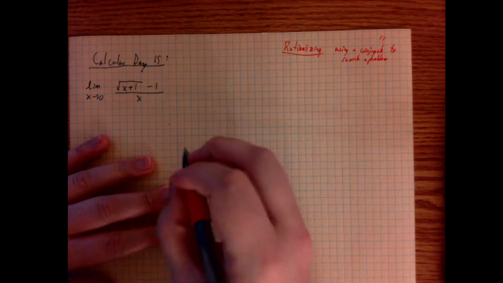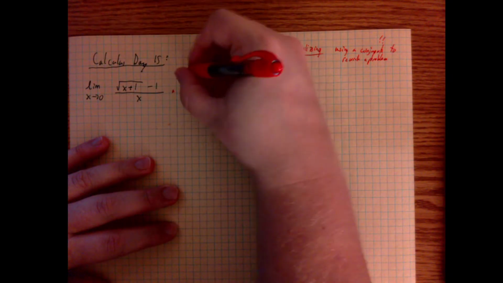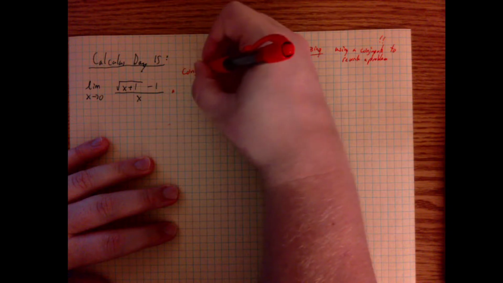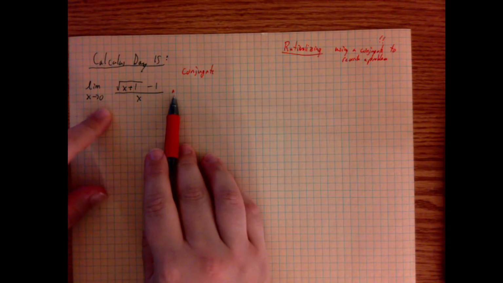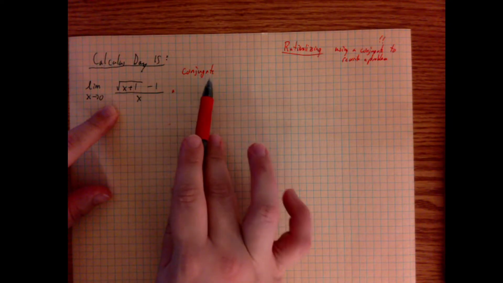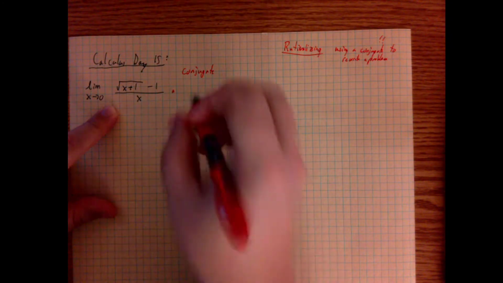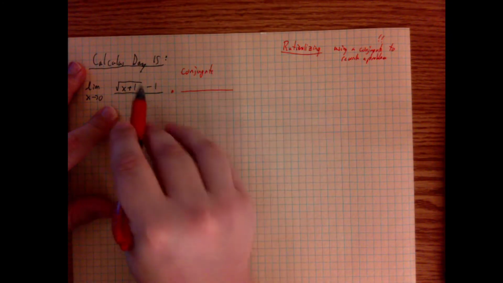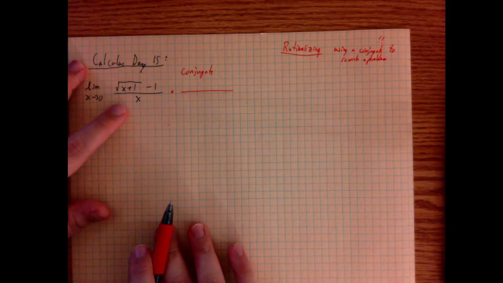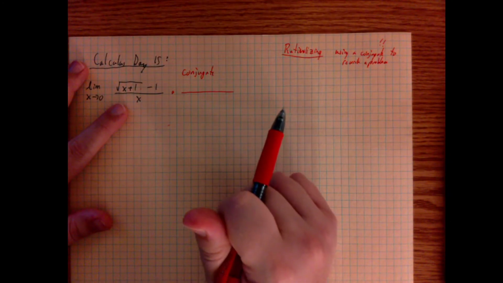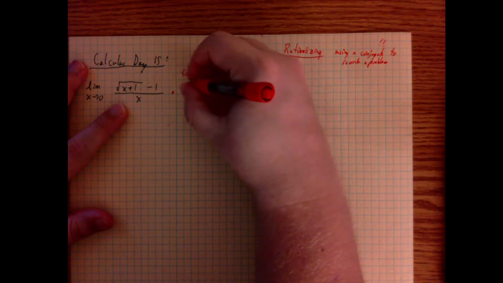Now, with this problem, the conjugate I'm going to use, I'm going to conjugate kind of different than how you'd normally do in algebra, right? We use conjugates in algebra to get rid of things in the denominator, but for us, I'm actually going to get rid of the thing in the numerator, which seems backwards, but actually works really well.